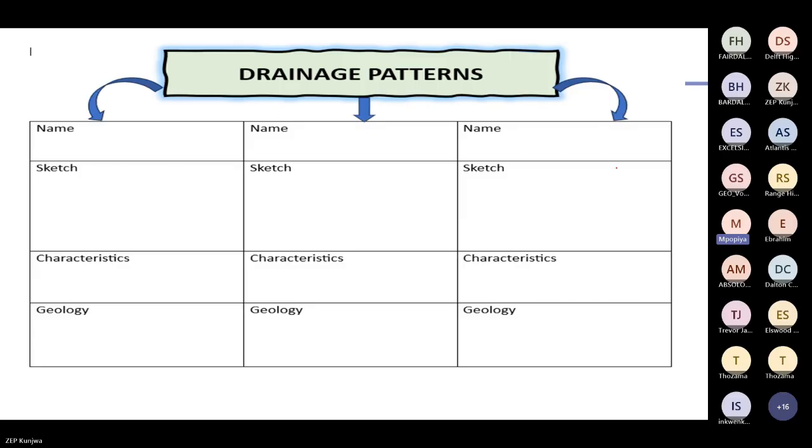All the answers must be forwarded to the WhatsApp group. Thank you. I see the activity requires learners to make sketches. So can you please just make the sketches and send them as pictures on WhatsApp?